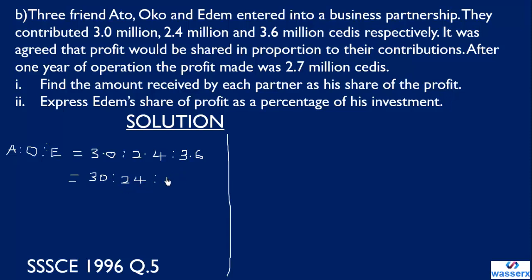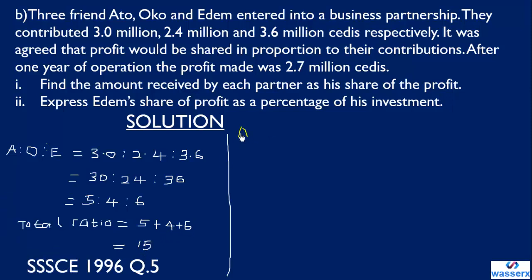So we can multiply through by 10 to obtain 30 is to 24 is to 36, and we divide through by 6 to obtain 5 is to 4 is to 6. So the total ratio becomes 5 plus 4 plus 6, and that is equal to 15.